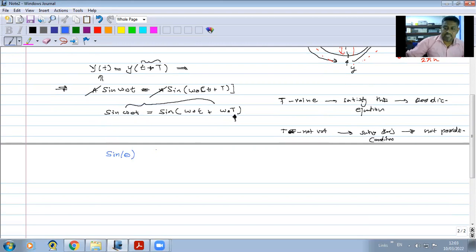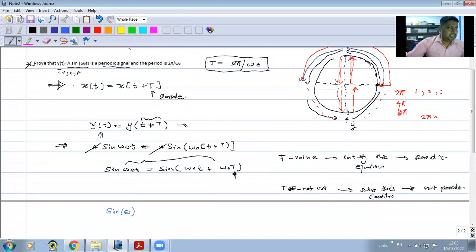Any theta, that theta may be here. This may be a theta. So now it is in this location, that theta can be any value. It is not a constant, it is a variable. So this theta can be any value.